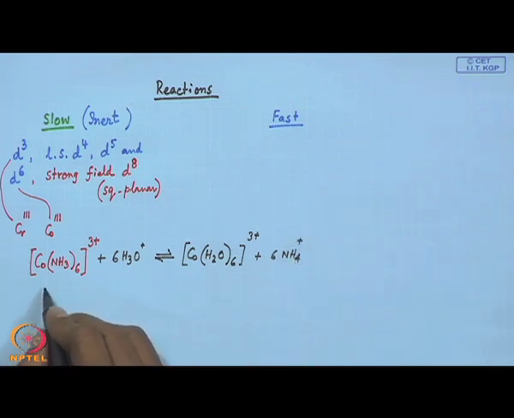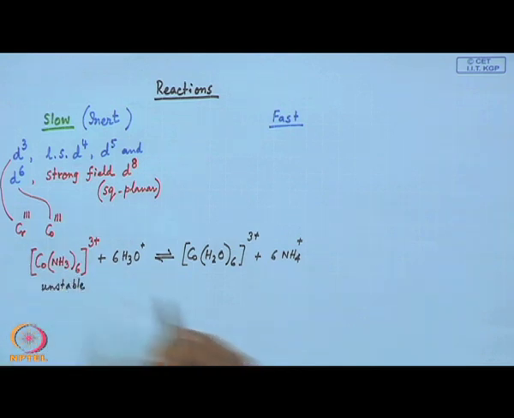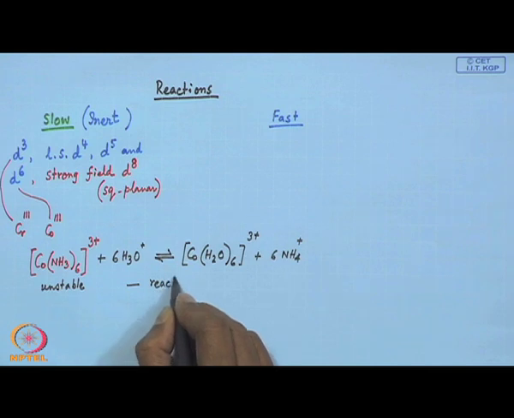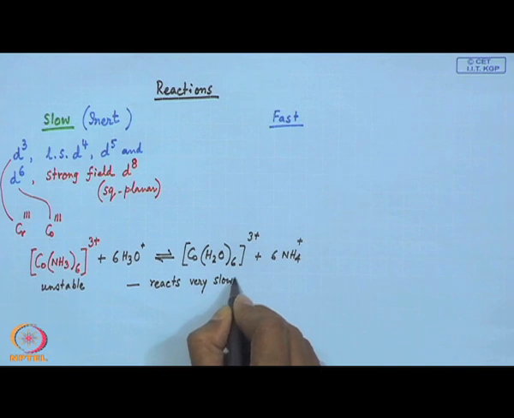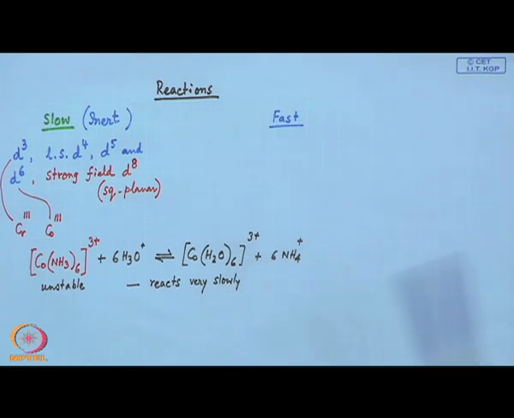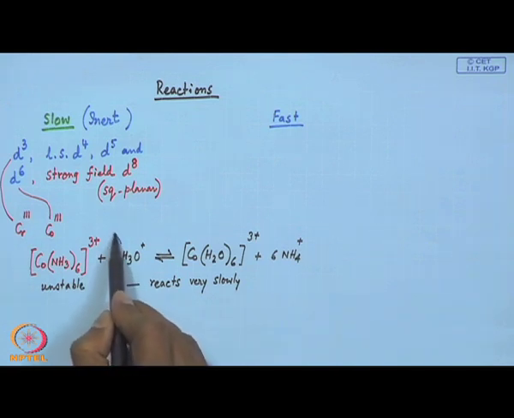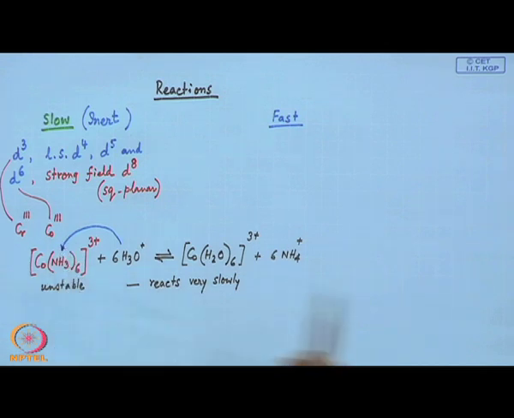This compound is unstable in acid, but reacts very slowly with the acid. So, in this reaction the proton is attacking the ammonia ligands, forming ammonium ion.